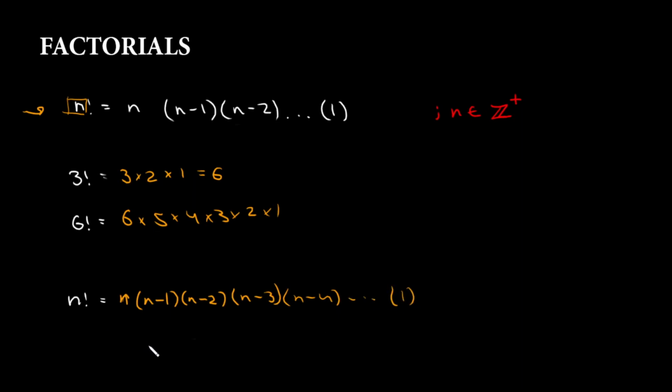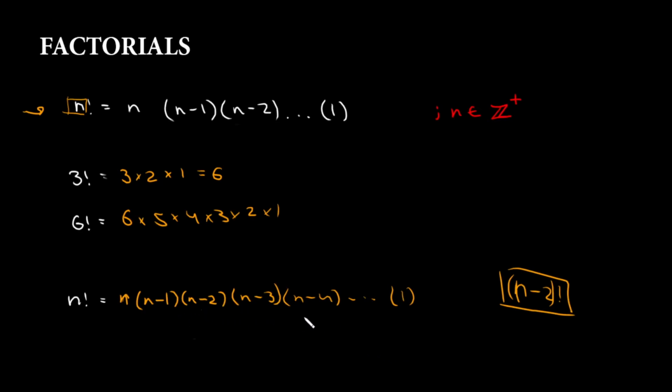And so if the question you're dealing with has to do with n minus 2 factorial, let's say, then it would be handy for you to rewrite n factorial in terms of n minus 2 factorial.